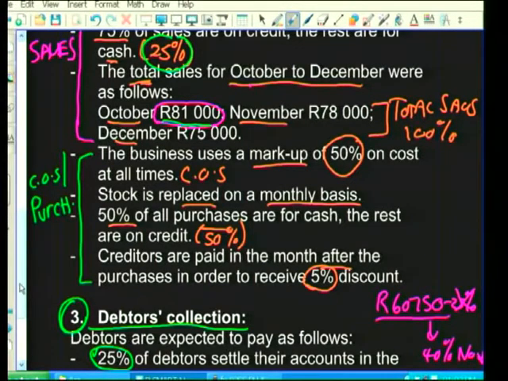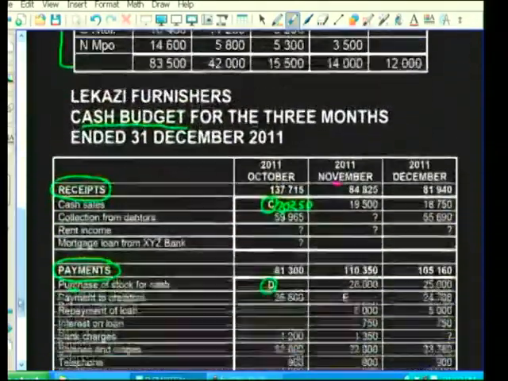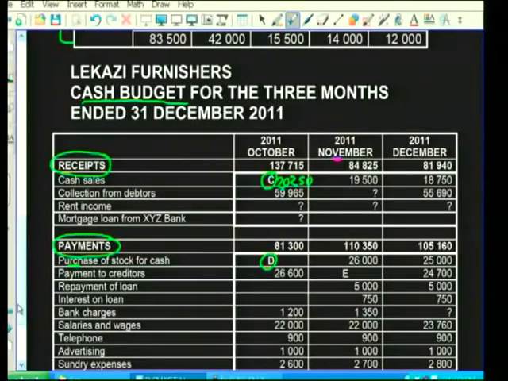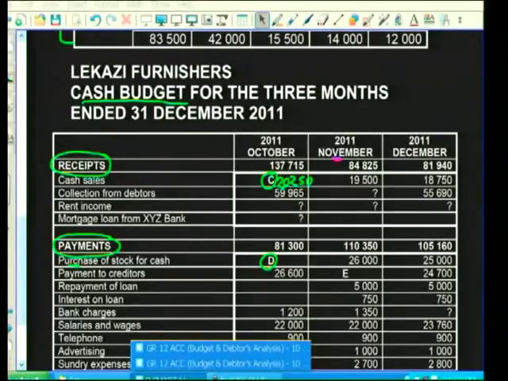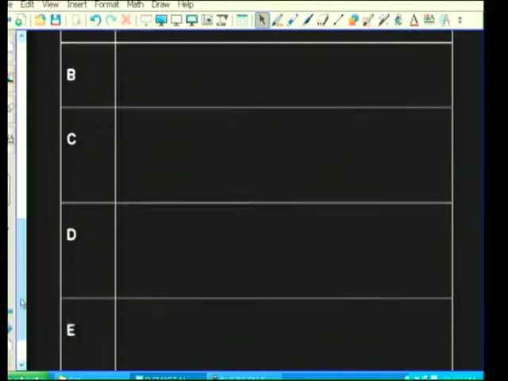Okay, so if we go back a bit. So I've got purchase of stock for cash. The very first thing I've got to do, guys, is try and calculate the value of stock that is for cash. And for that, I'm going to go back to my answer sheet because this is going to require a bit of calculation, guys.